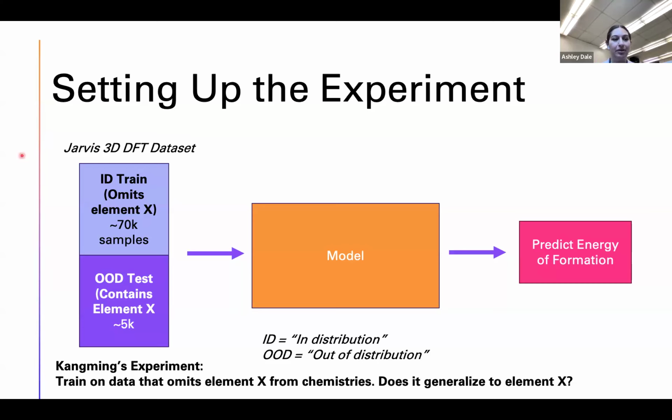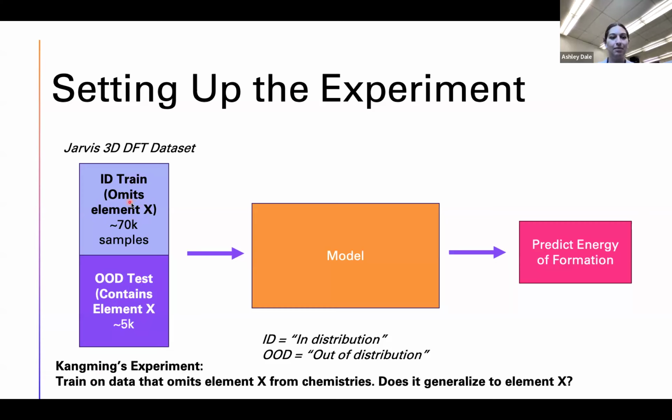Because it has so much data, we're going to do a kind of trick. We're going to choose an element from the periodic table, and we're going to take samples that contain that element. For example, if any sample in this data set contains the element iron, we're going to not train the model on that and hold it in our test set.